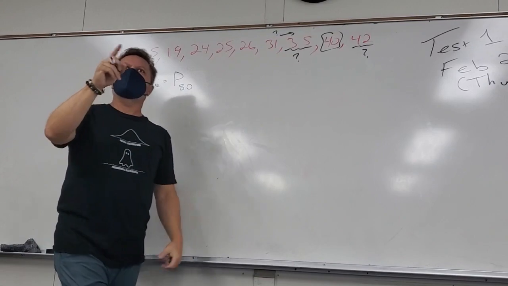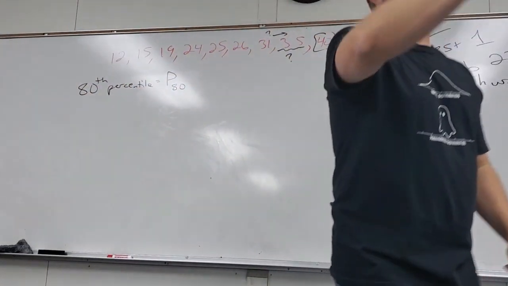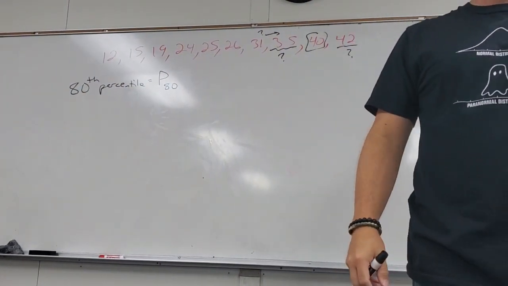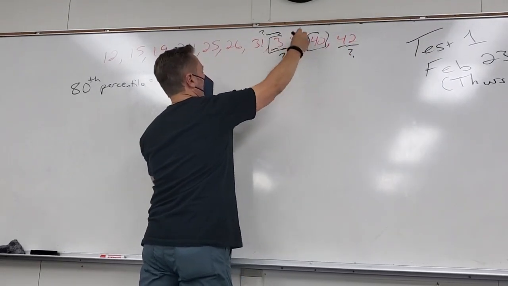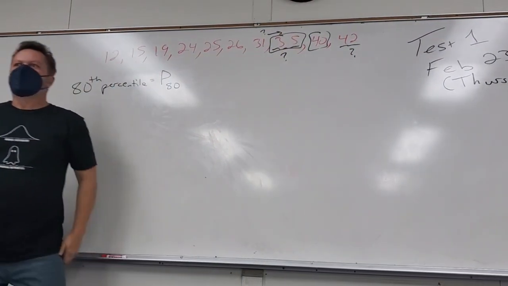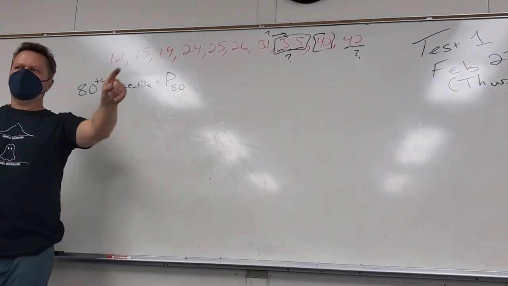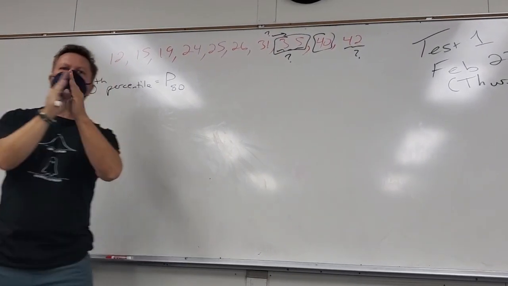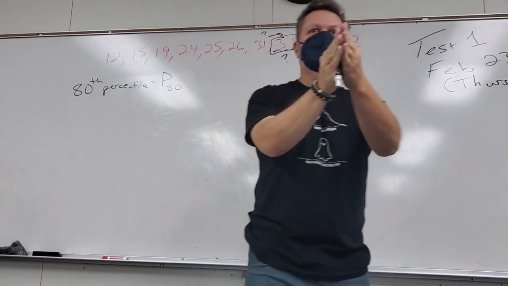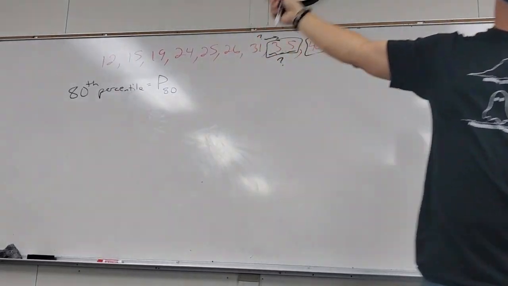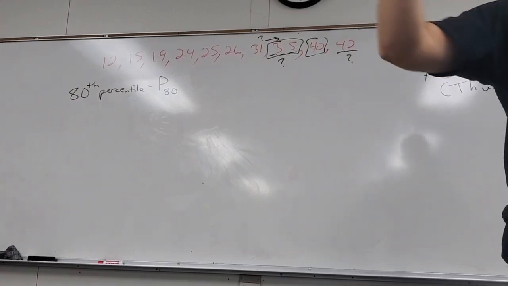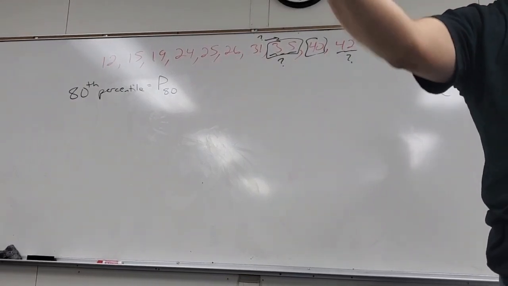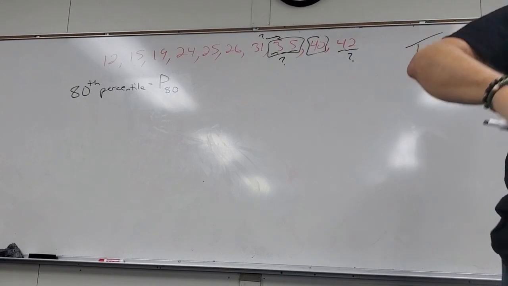Now, for the 80th percentile, if there's 80% below it, what percentage should be above it? 20%. So then you think the answer would be this, right? You're kind of bouncing around a little bit. There is a number, and it's not one of the data points, that has 80% below it and 20% above it, which means 8 points below it and 2 points above it.